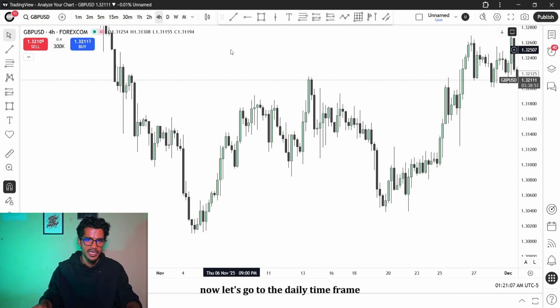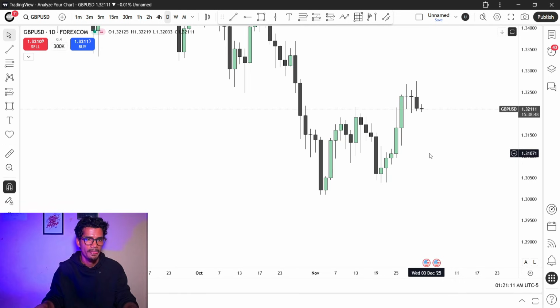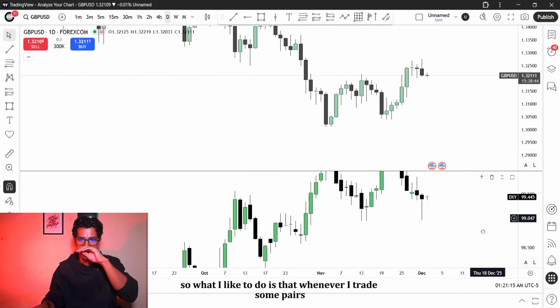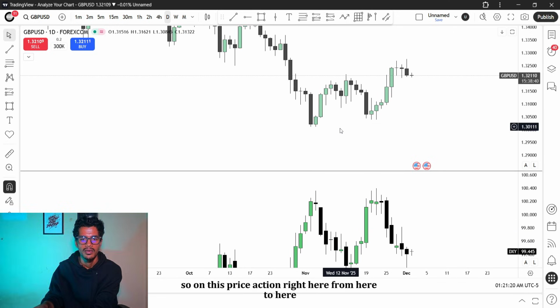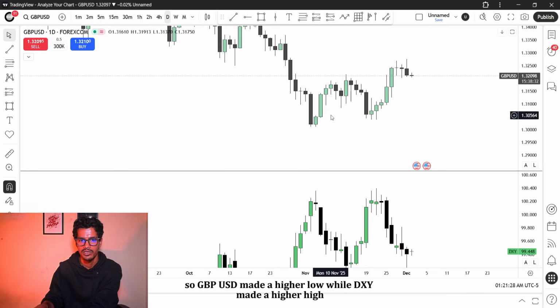Now let's go to the daily time frame so that you can understand this very well. What I like to do is that whenever I trade some pairs, I use the correlated pair, all right? So on this price action right here, from here to here, look what GBP USD was doing. GBP USD made a higher low while DXY made a higher high.